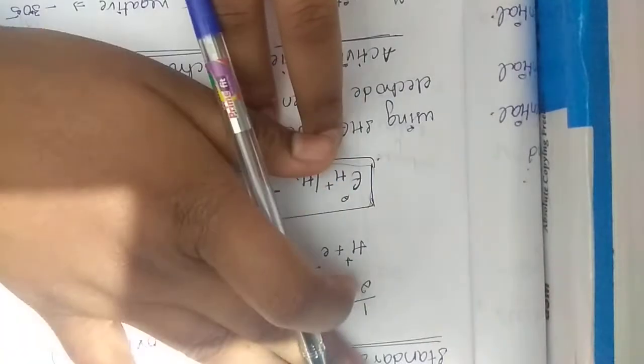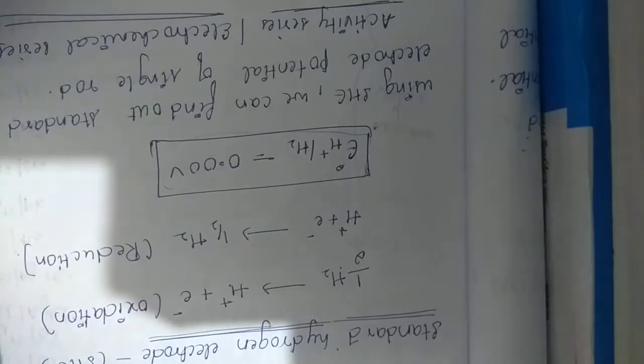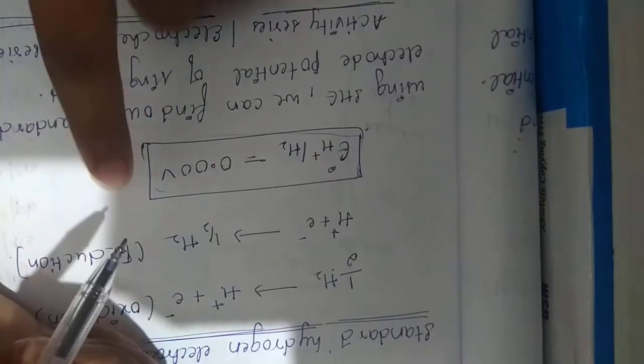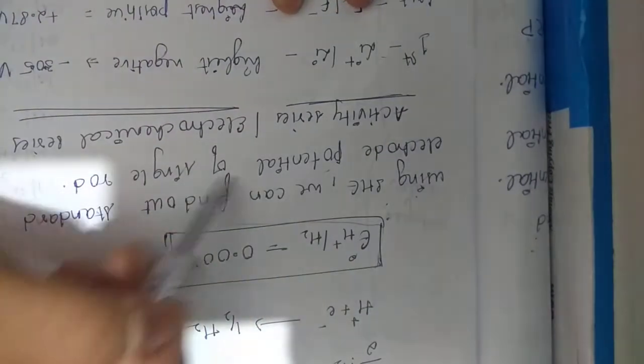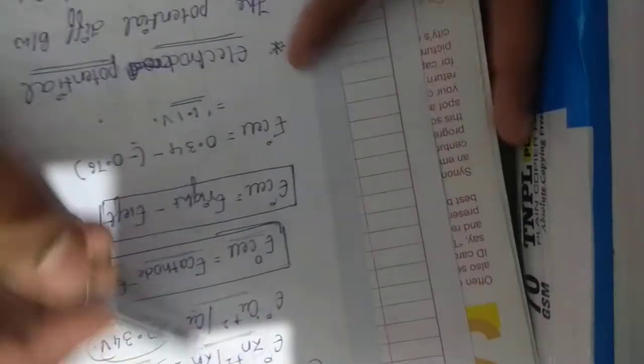As this is standard hydrogen, that is SHE. This is the basic thing which we should remember. So this also is the standard value. For H plus H2, it is 0.00 volt. See, using SHE, we can find out the standard electrode potential of a single rod. Now, as we have seen an example here, that is zinc and copper, right?